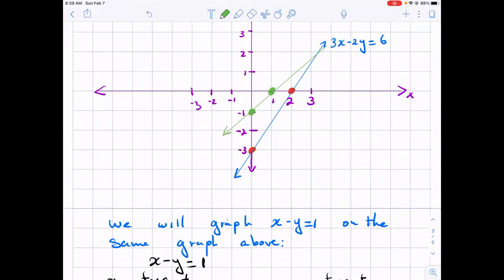you will see that the line does cross. And the green line, don't forget, is x minus y equals 1. Let me write it somewhere else. It's clearly visible: x minus y equals 1.